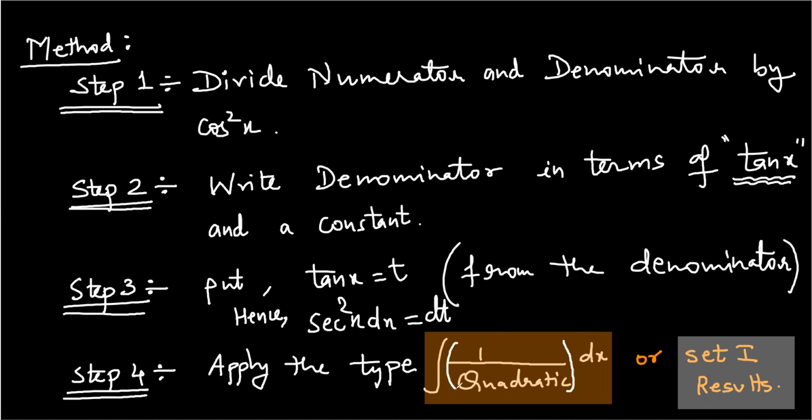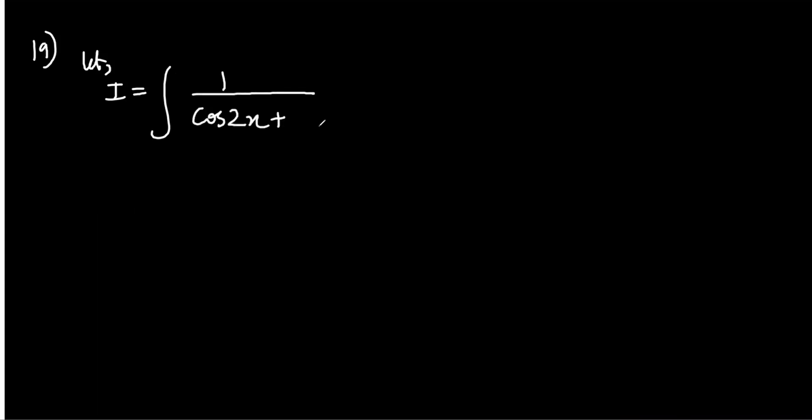Let's solve a problem. So I take a question for you. I write here question number 19, and the 19th problem is, let I equals the integral of 1 over cos 2x plus 3 sine square x dx.